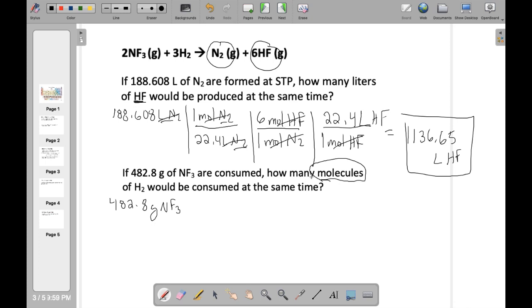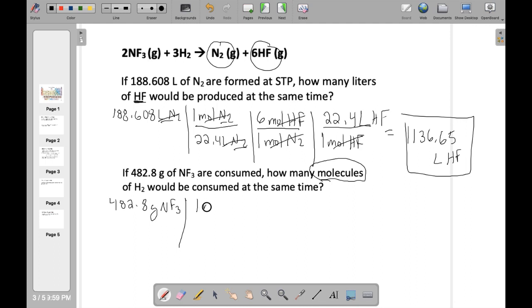But we've done problems just like this when we did representative particles. So chemistry is one of those subjects that builds on previous knowledge. And unfortunately, when you get to stoichiometry, if you don't know some of that previous knowledge well, it starts to become much more difficult. So let's convert to moles. I have grams. I can't use my liters.